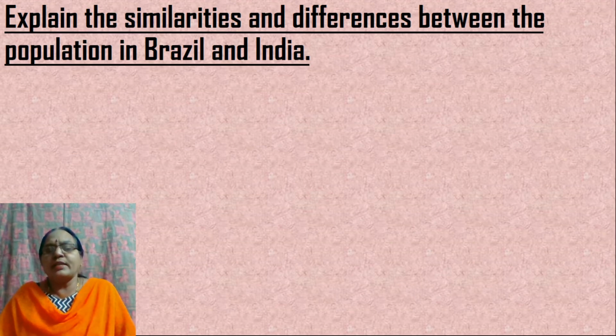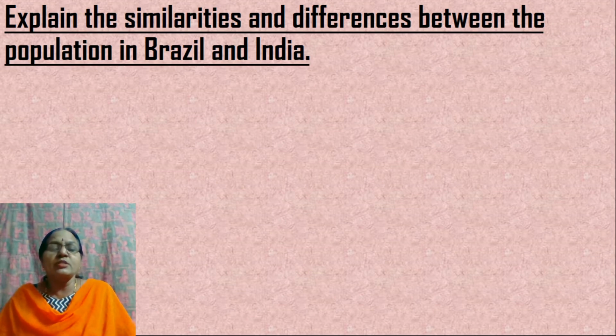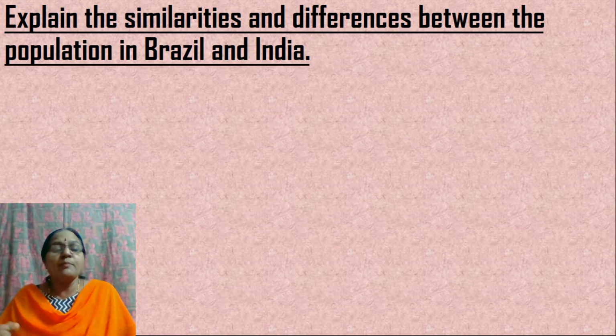Here along the North Indian plain, you find density of population is more because of the availability of favorable factors. On the other hand, in Brazil, along the Amazon River, the density of population is sparse because of dense forests, heavy rainfall, inaccessibility, and unfavorable climate.